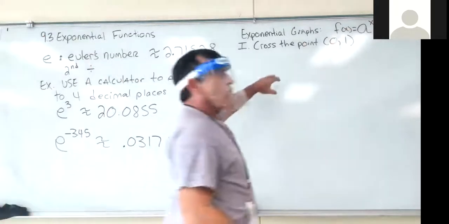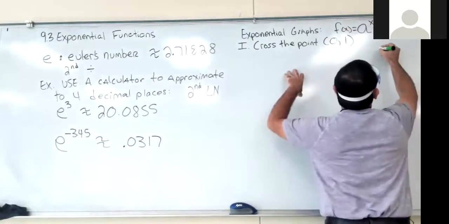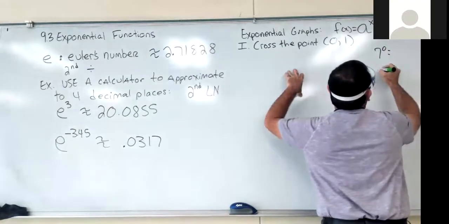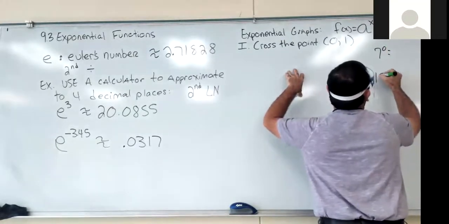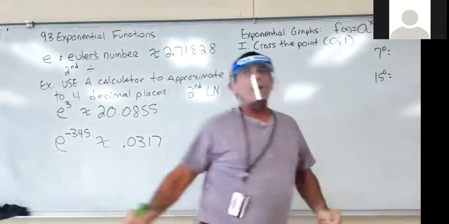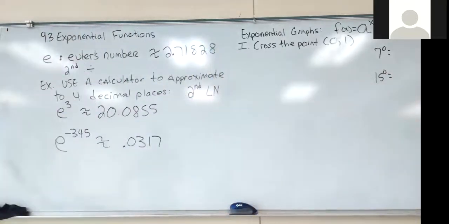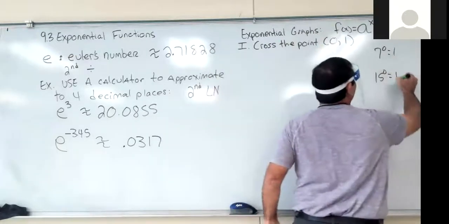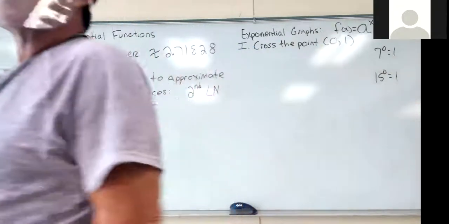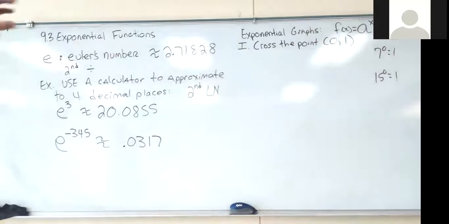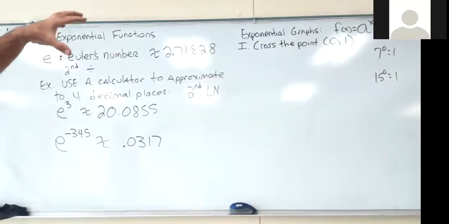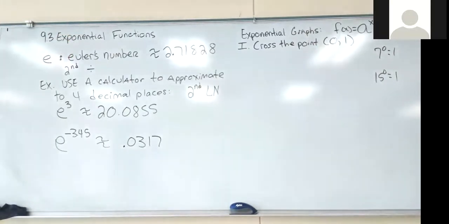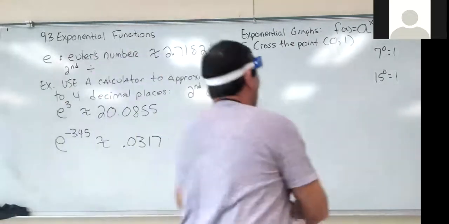And the reason they all cross this point, because any number to that 0 power equals what? Now you got that calculator asking? Oh, well, I just heard it. All those are going to equal 1. So no matter what number I'm putting in for that a, once I throw a 0 up for that exponent, it's going to equal 1 for me, okay?